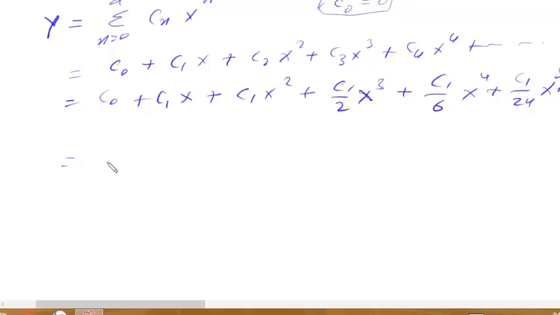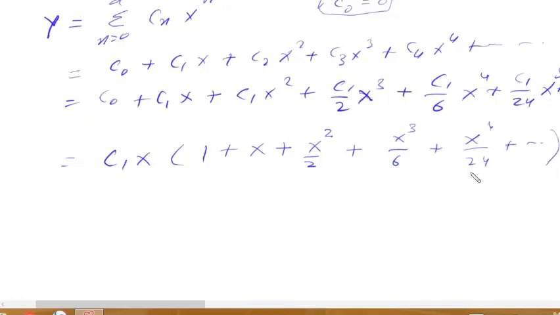Then we take c1x as common, and this becomes 1 plus x plus x square divided by 2, and then x cubed divided by 6, and x4 divided by 24 and so on.